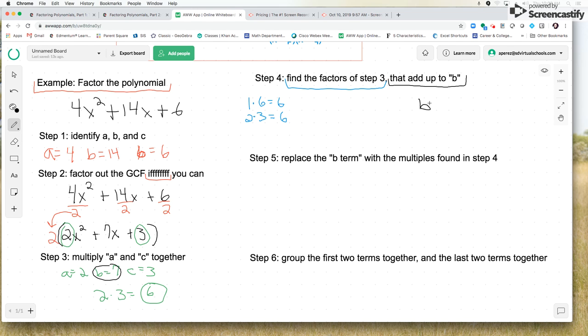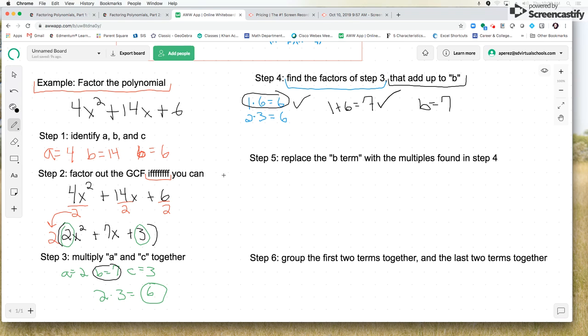So which one of these adds up to 7? Oh, this one's pretty easy. It's my 1 times 6. 1 times 6 is 6. Good. And 1 plus 6 equals 7. Yay. Sometimes it's a little bit harder, but you just manipulate the numbers and see if you can get your B term.